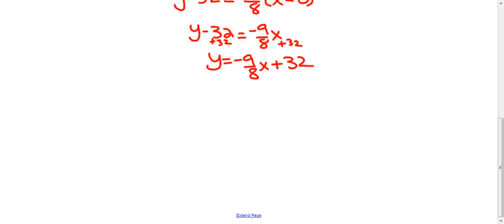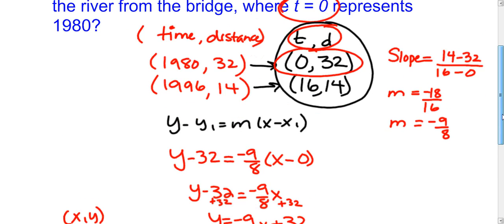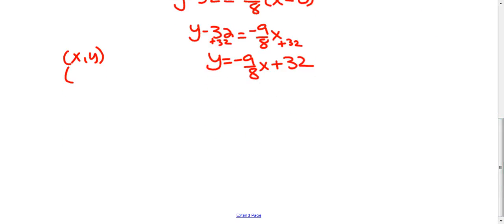But remember, we aren't really using x's and y's. Up here, remember, we had t's and d's, okay? So what was an x is a time, and what was a y value is a distance. So I'm going to replace those variables.